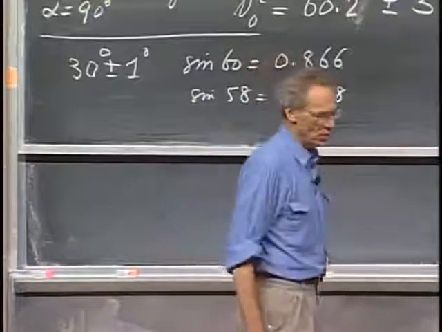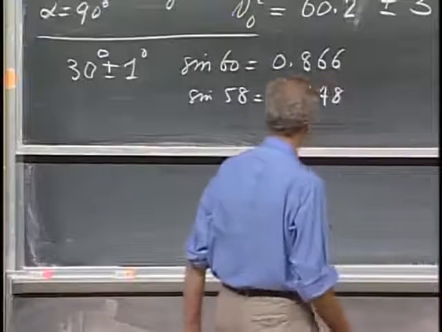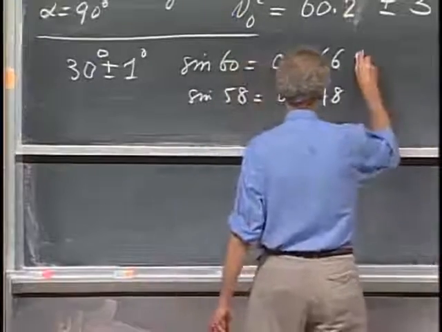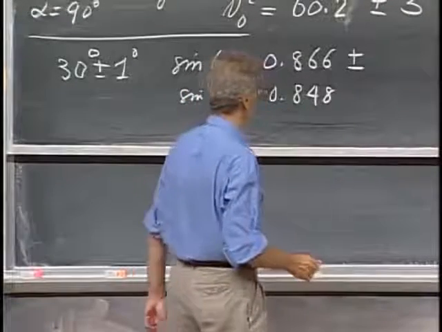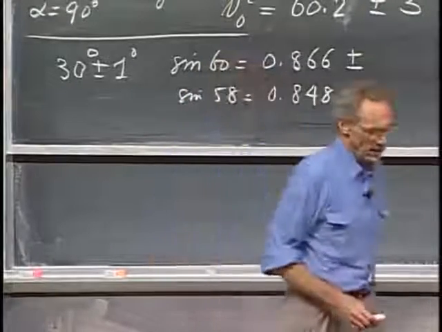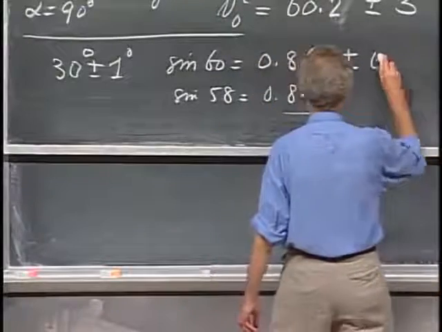And that is substantially lower. And therefore, I must allow for an uncertainty in the sine of the angle by roughly, maybe something like 17 or 18 units. What is this difference? 0.018.